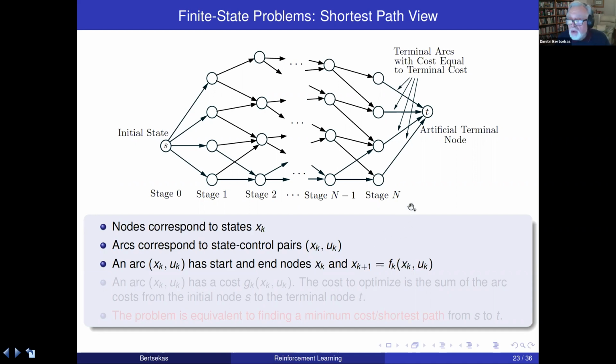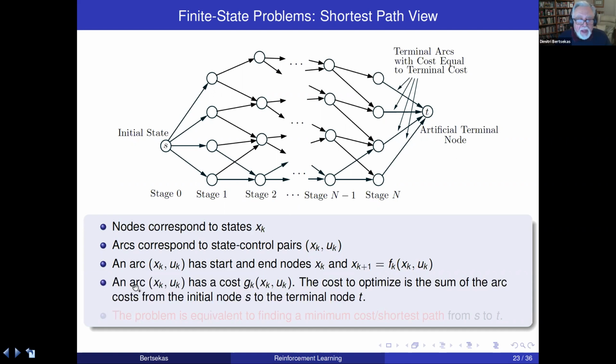Now we can also introduce the costs in this graph. An arc, which is just a state-control pair, has a cost associated with it, and we can write this cost along these arcs here. Now, what is the cost of a sequence of controls? Well, a sequence of controls is just a sequence of branches going from the initial state to an artificial terminal node, which the final state leads to with cost equal to the terminal cost gn I gave earlier.